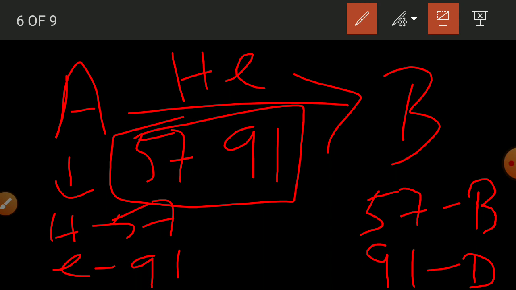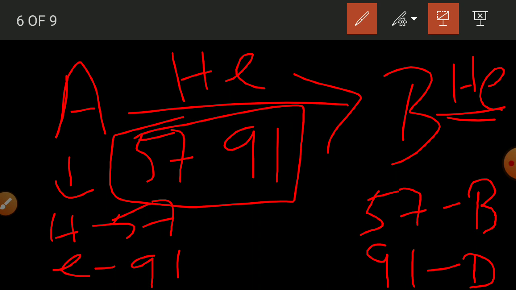So 5791 is the message, and the message was supposed to be "he". B should have received the message "he". But the problem is that B has defined his own set of rules.